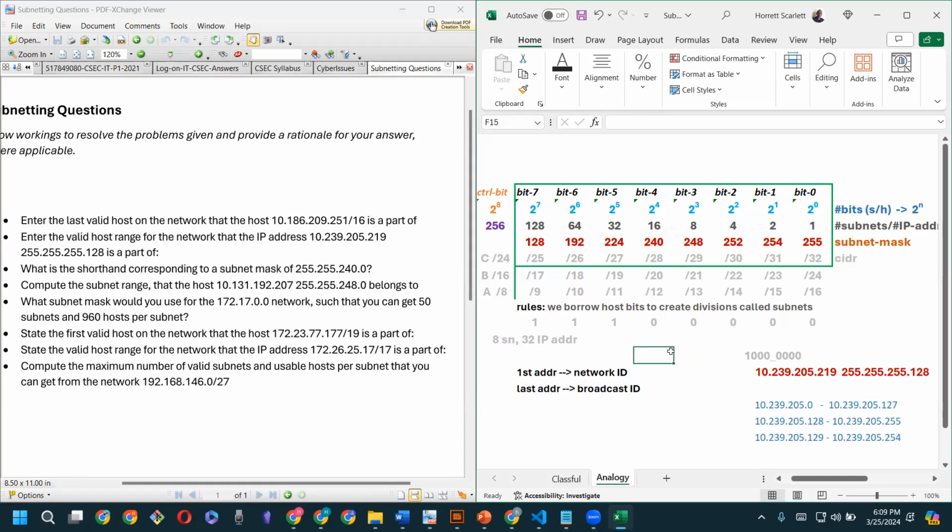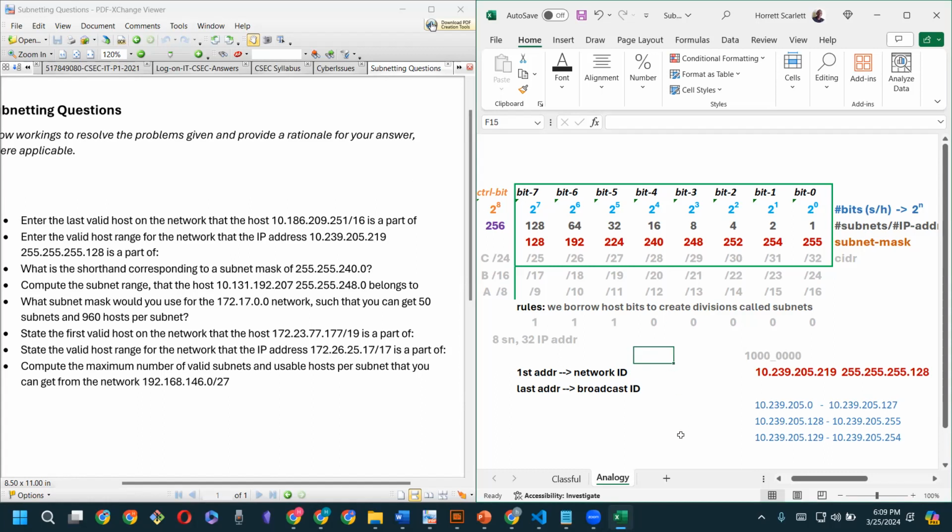Now, you should remember that each octet has how many patterns in total? An octet, just by default, has how many patterns? 256, sir. 256, because there are 8 bits, and 2 to the 8 gives us 256.